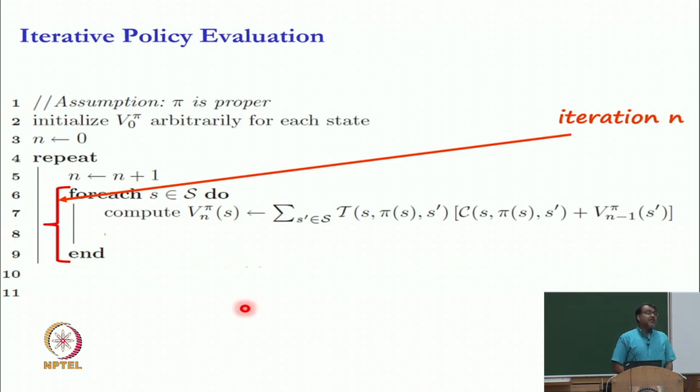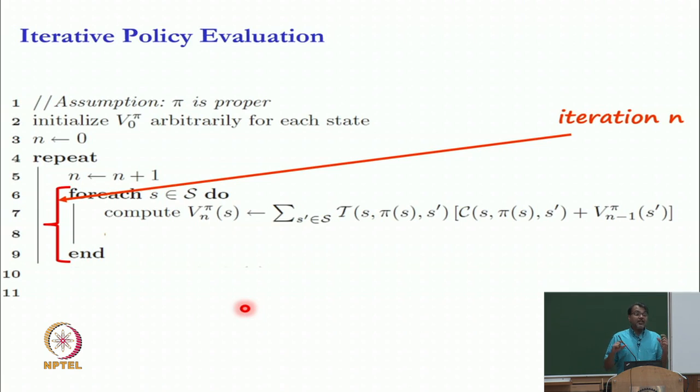Now, the problem is that I need to stop at some point, and my notion of stopping should be that my values have converged. What do you mean by values converged in this case? So, what do we want?